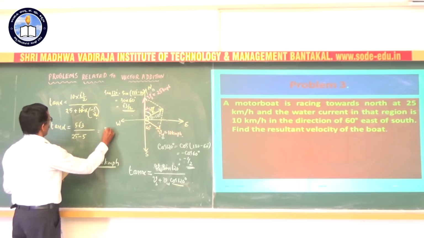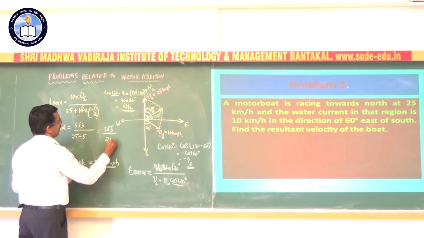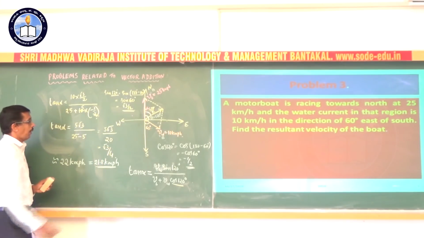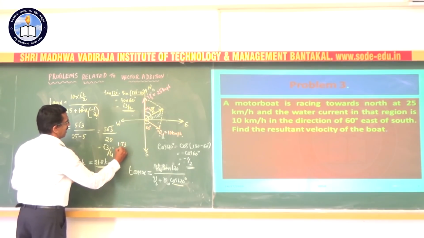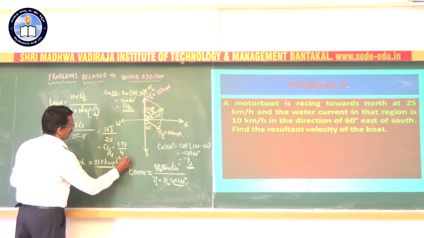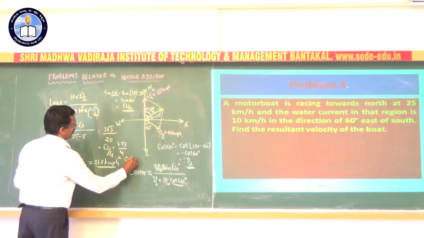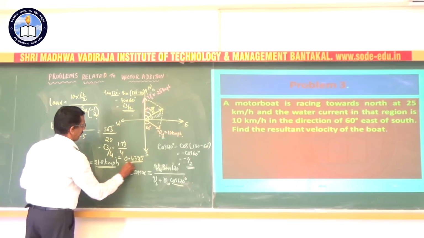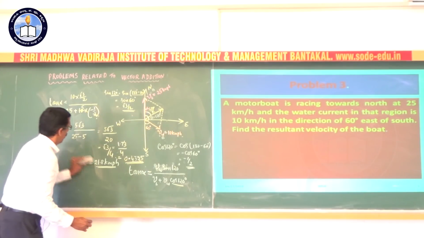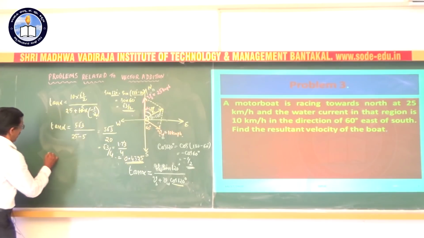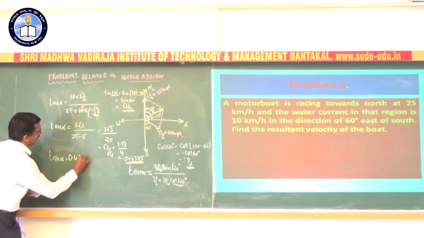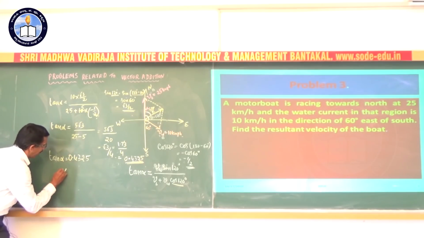So 5 root 3 by 20, or root 3 by 4, or 1.73 divided by 4, which works out to be 0.4325. So tan alpha works out to be 0.4325.